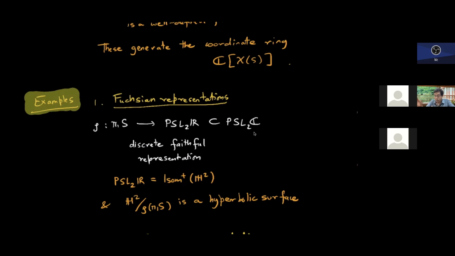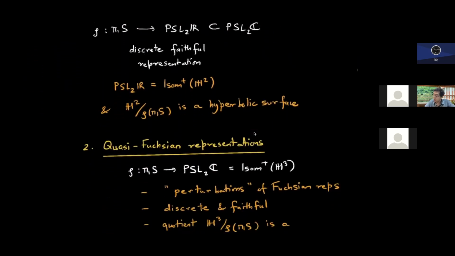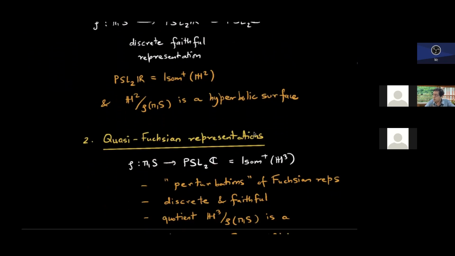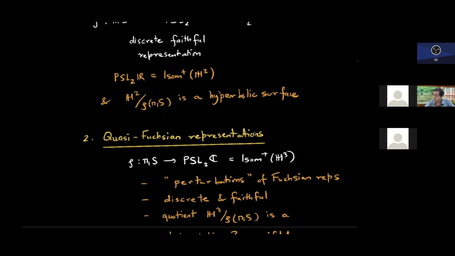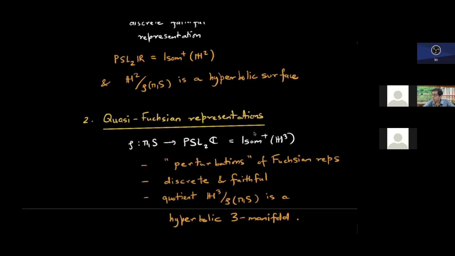So these are sitting inside this PSL2C character variety, and these are some of the real points in this algebraic variety, but there are other ones which are actual complex representations as well, mapping to PSL2C, which can be obtained by perturbations of these Fuchsian representations, quasi-conformal perturbations. These are called quasi-Fuchsian representations.